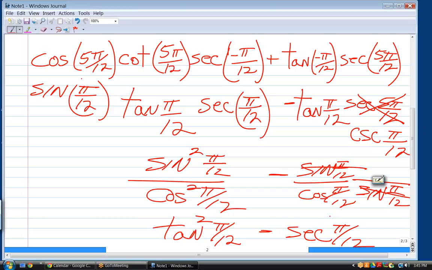I'm really almost certain that I made a mistake here, and that it's secant squared, which means the answer is minus 1 regardless of what anything of pi over 12 is. And that's so far been the case on every problem we've done: every answer has come out to be either 1 or minus 1.